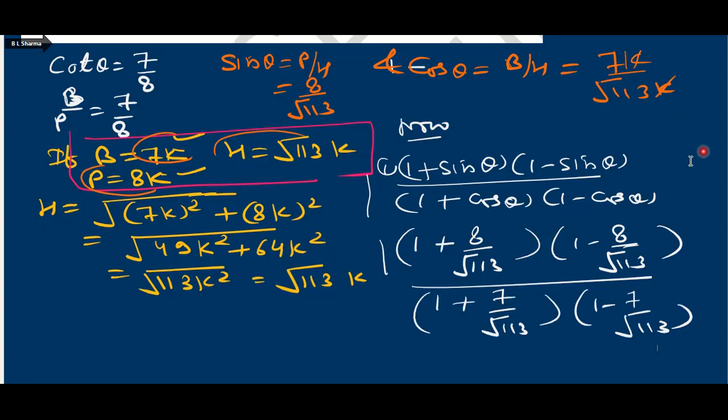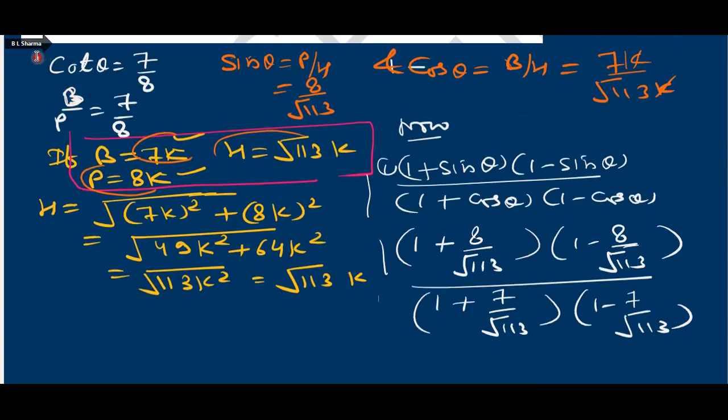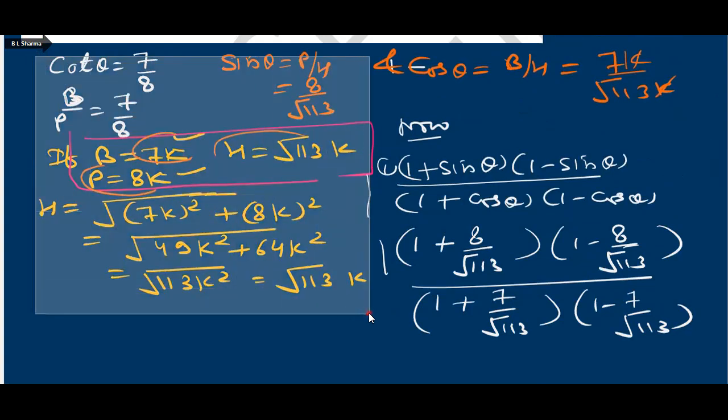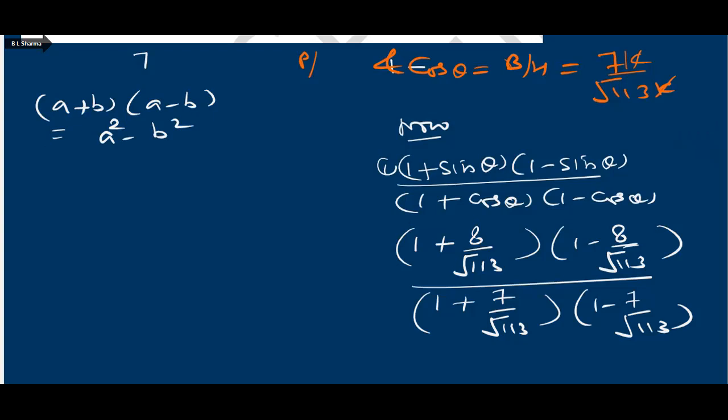Using the formula a plus b, a minus b, further we can write here, देखिए इनको हम मल्टीप्लाई करेंगे यूजिंग द फॉर्मूला a plus b into a minus b, that is a square minus b square.